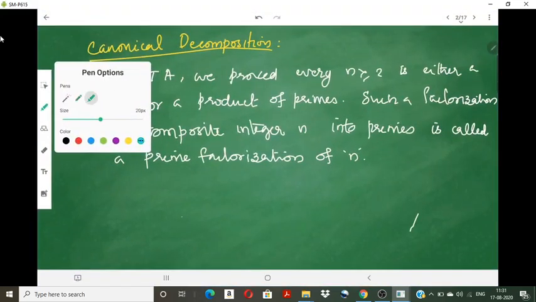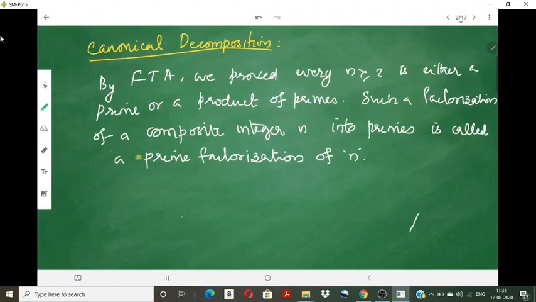Okay, now what is the difference between this prime factorization and a canonical decomposition?